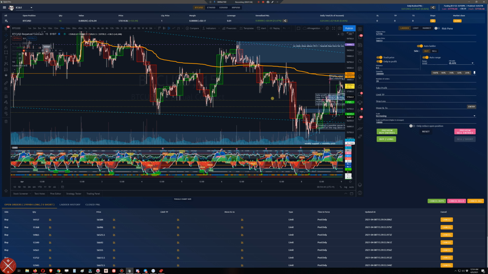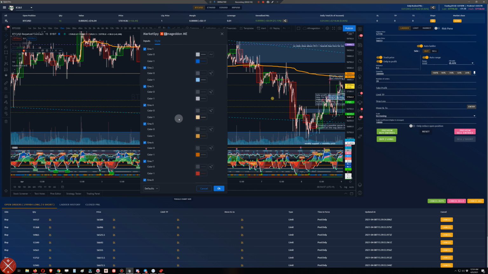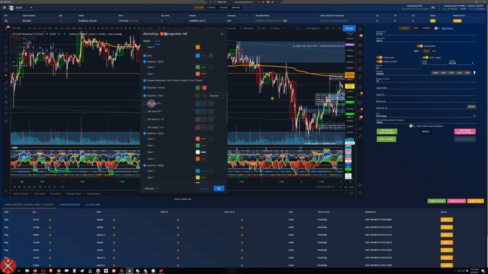In your settings on your Armageddon, as you already know, you have the check ATR money management option. It's off by default because when you turn it on, your chart gets populated by these bands, which can get a little messy. This is just a visual aid, but we don't really need these.